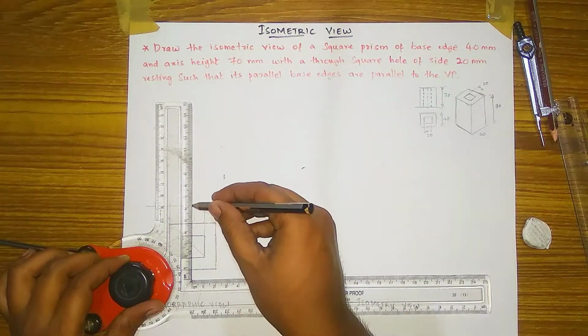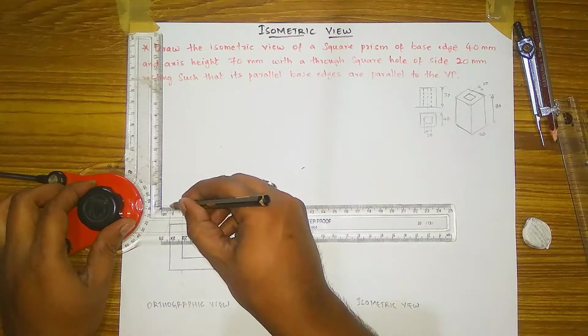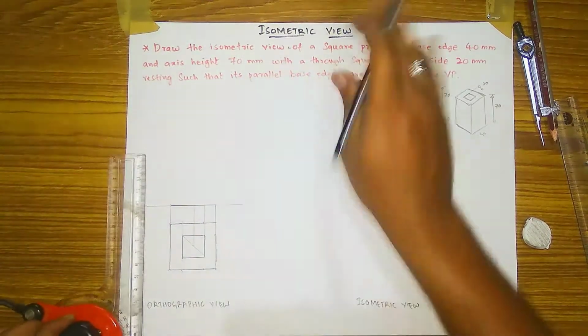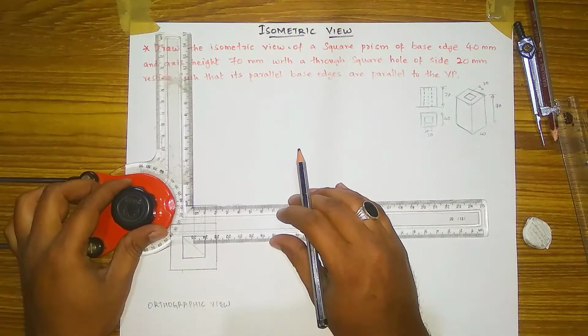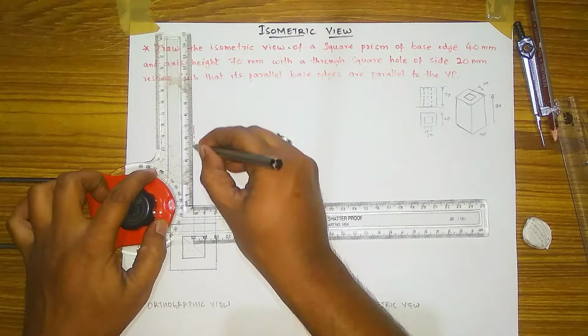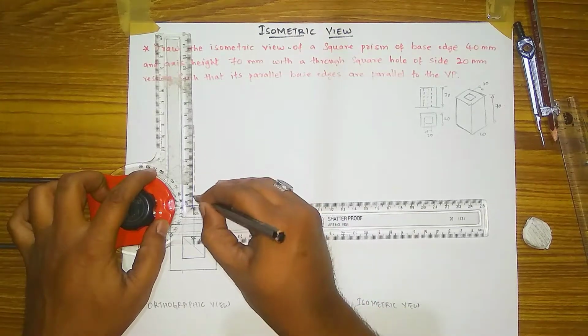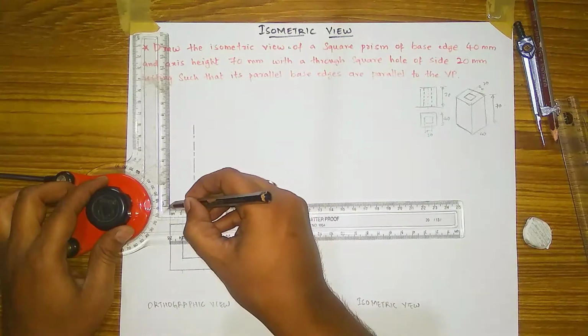I will get the center line. So you have to dark this base of the prism also. Then the axis height is given as 70 mm. So we have to draw a 70 mm axis line like this. Then the lateral surface is also 70 mm.